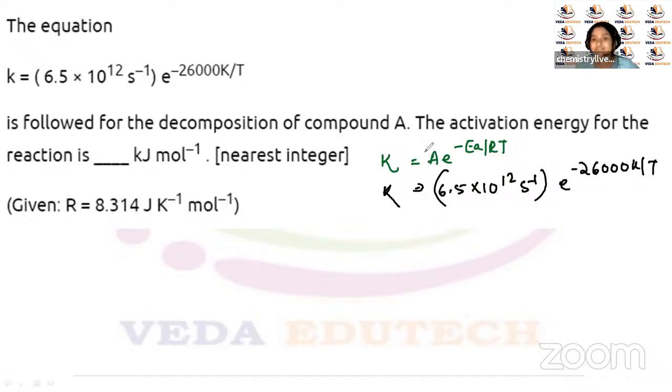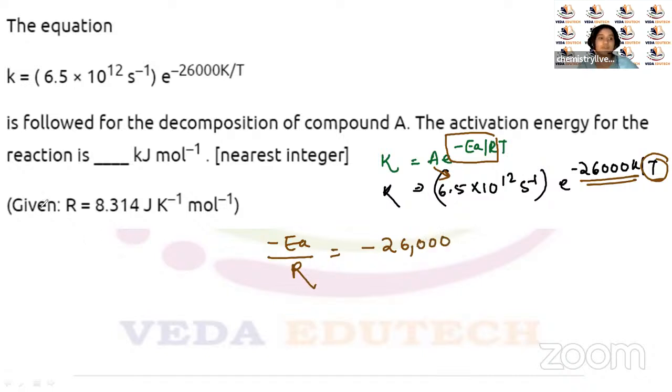Now if we compare, this is A, T is given, that means minus EA by R is equal to this much. Yes, so can I write that minus EA by R is equal to minus 26,000. Now R value we know is given to us 8.314. So minus minus cancel, and we'll write here EA by 8.314 is equal to 26,000.